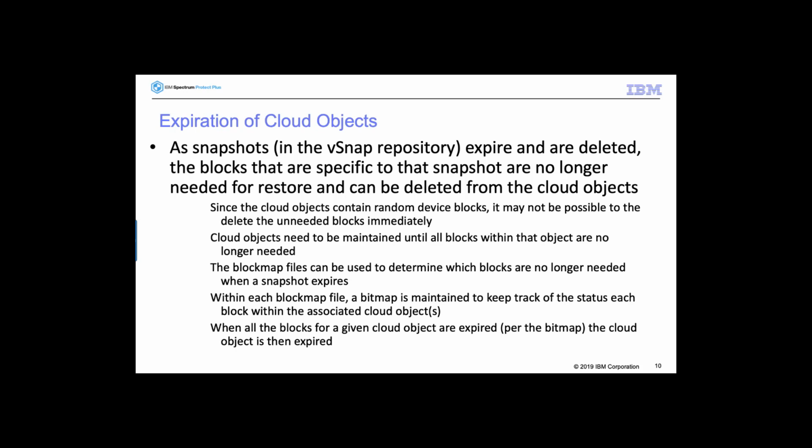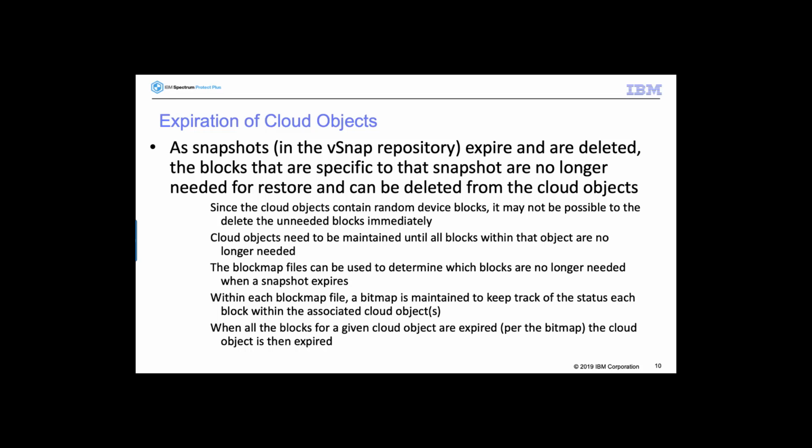Now, the last thing we need to talk about from a conceptual perspective is expiration of cloud objects. As the snapshots in the vSnap repository expire and are deleted based on the retention that you set, the blocks that are specific to those snapshots are no longer needed for restore, and they can be deleted from the cloud objects.